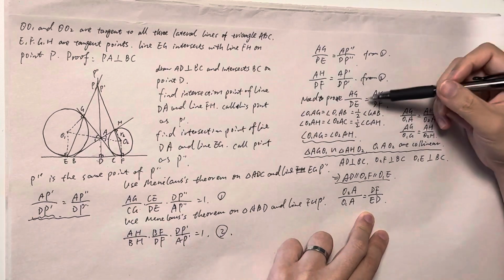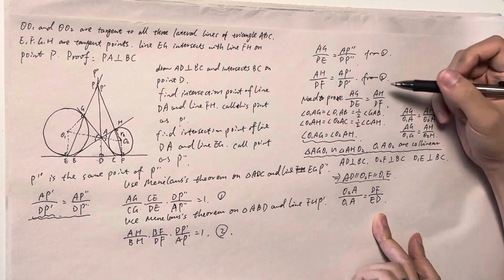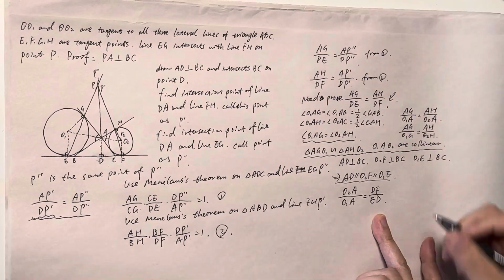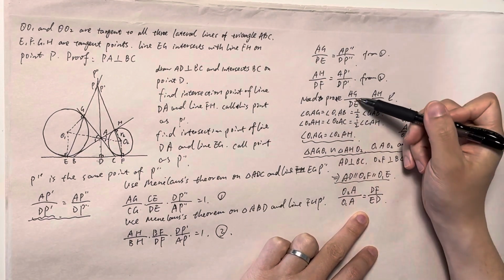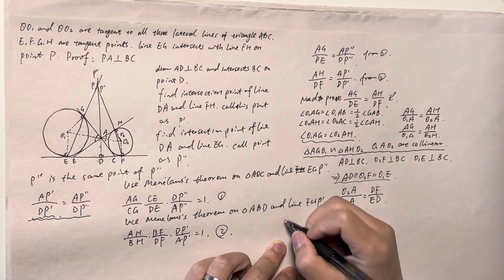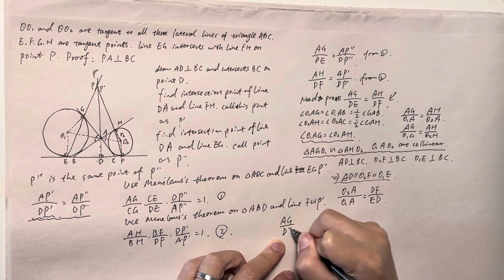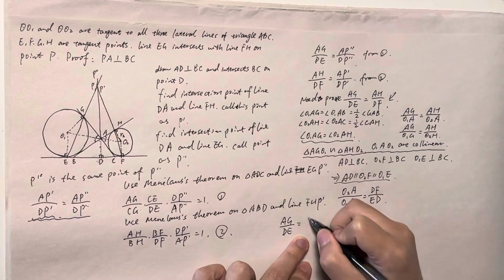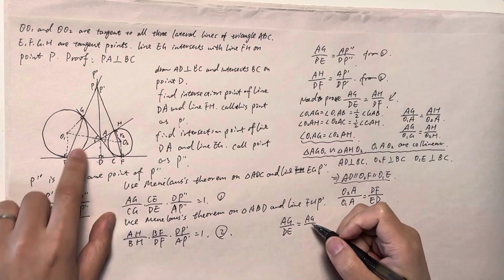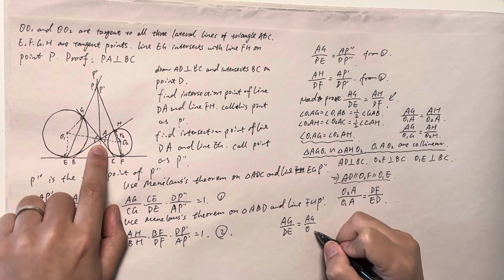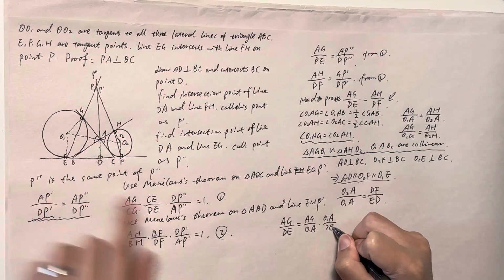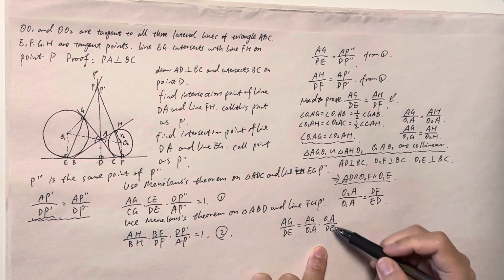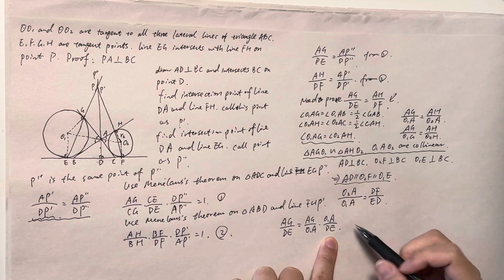Now we look at the original equation we want to prove. We want to find the ratio of AG to DE. It equals AG to O1A times O1A to DE. We can split AG to DE into two ratios.